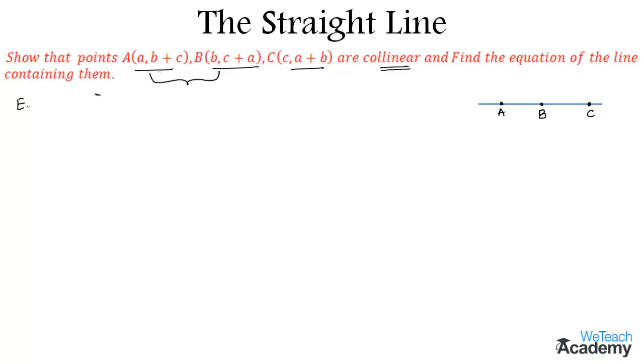The equation of line AB is given by the formula y minus y1 equals y2 minus y1 divided by x2 minus x1, into x minus x1.